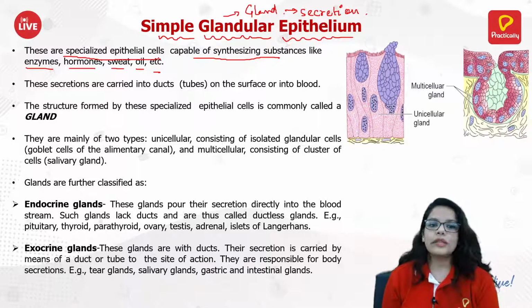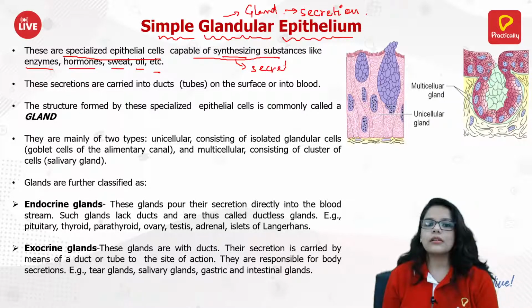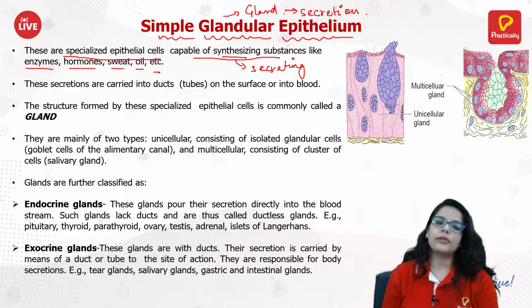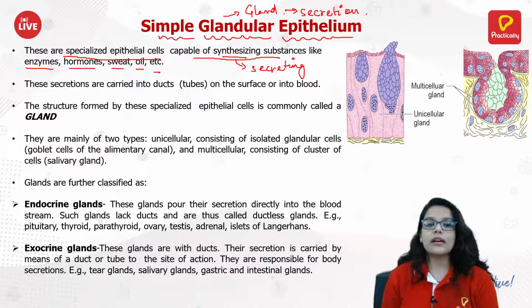So they are synthesizing substances, as in secreting substances, which give out enzymes, hormones, sweat, oil. These secretions are carried in ducts to the surface or into the blood.